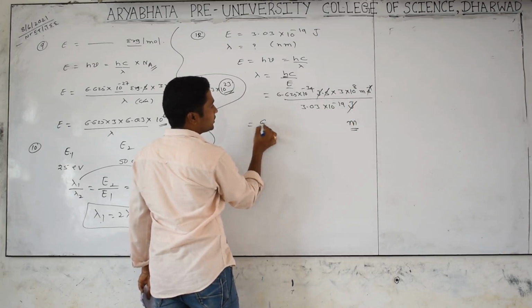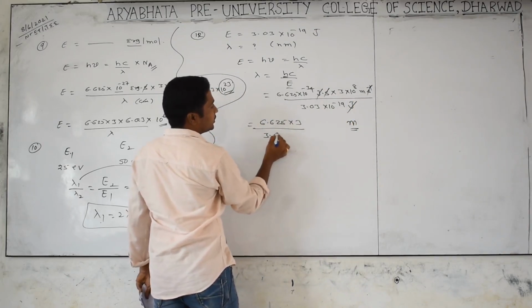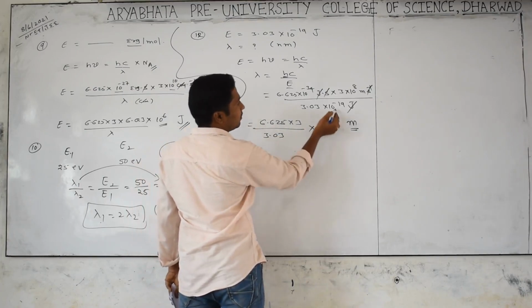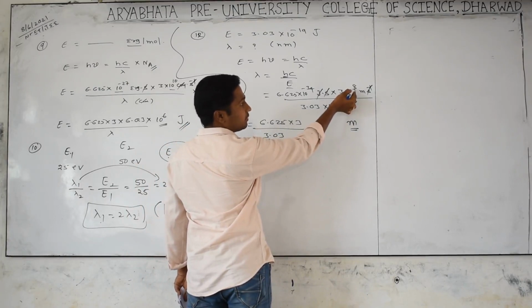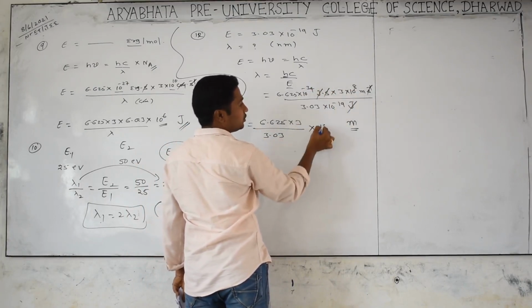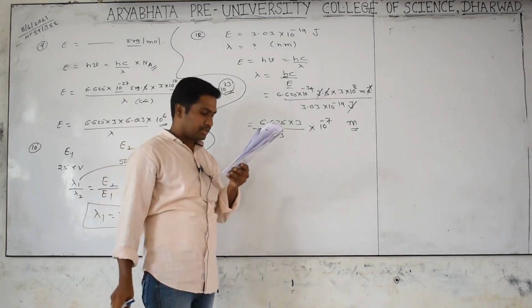Do the simplification: 6.625 into 3 by 3.03, and into minus 19 comes up plus 19, plus 19 plus 8 is nothing but 27, which means 10 to the power of minus 7 is coming. You check it, you will get it.